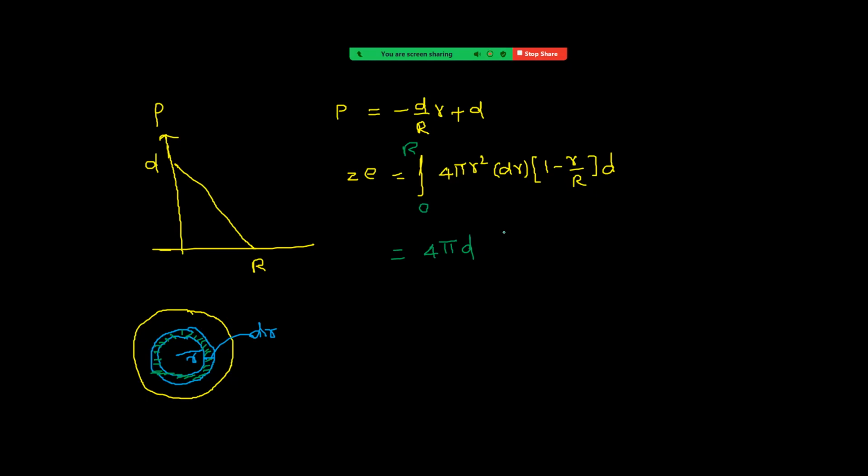Remaining r square dr becomes r cube by 3, minus r power 4 by 4, and already one R is here, into D, that is equal to ZD.